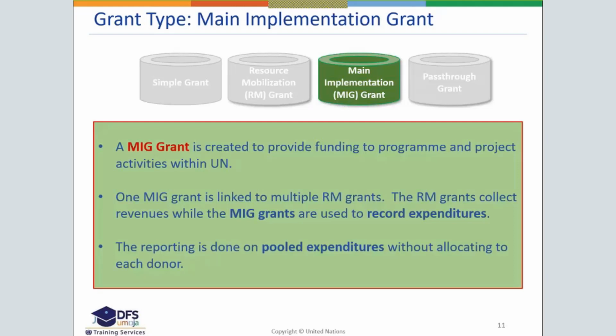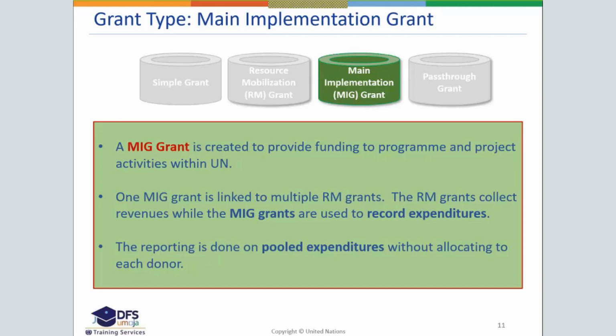But there is one exception, when we have only one donor and the contribution is not done in US dollars. Remember that the simple grant can only be used when the contribution is in US dollars.